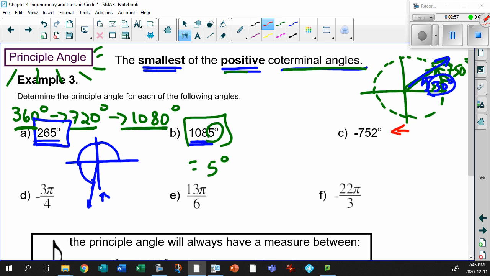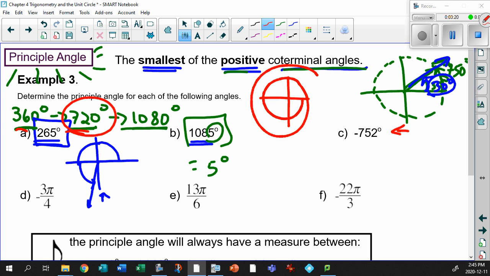Oh boy, we're going backwards. All right, so what? If we're going backwards, that means, look, these work the same way. Think about it. 752 means I've gone backwards at least two rotations to 720. So this one's 752. There's 360. There's 720.